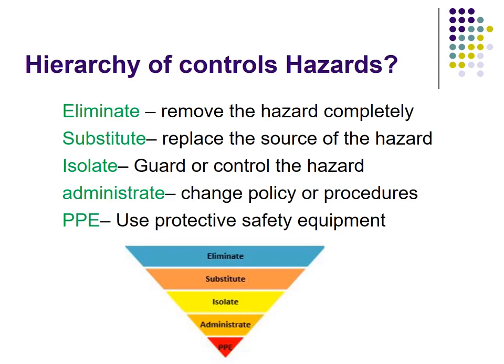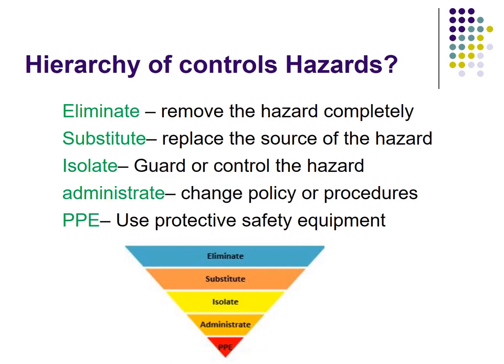Isolate the hazard, guard or control the hazard. If there is a hazard, you can guard it or control it, deploying a security guard or making cordons, we can isolate the hazard. We can put the hazard out of access. We can prevent people's access to the hazard. Isolate. The another is administrate.